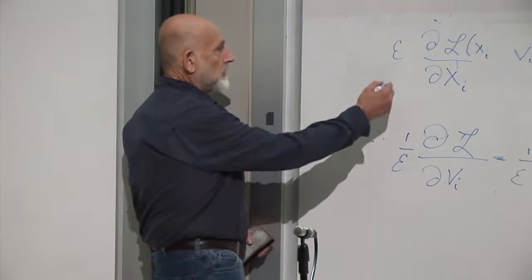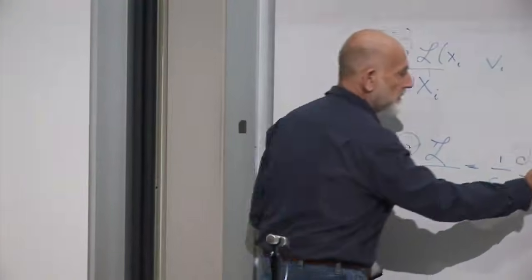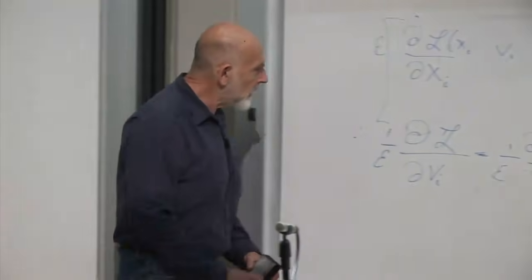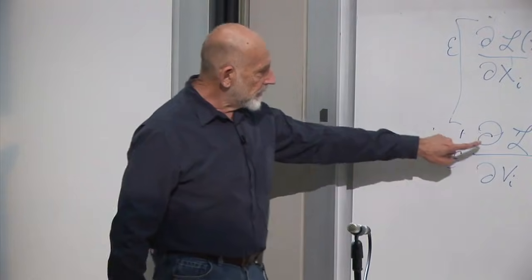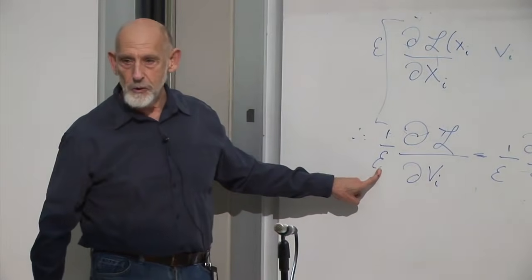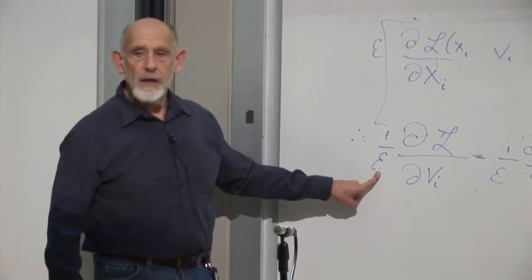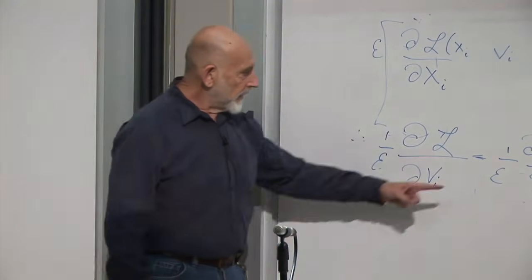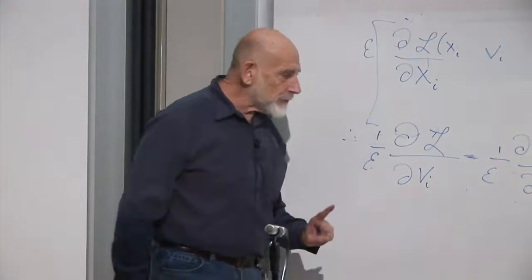All times, there's overall epsilon everywhere. That doesn't matter. What is the difference of two functions divided by epsilon in the limit that epsilon is small? It's just the derivative. The derivative with respect to what?